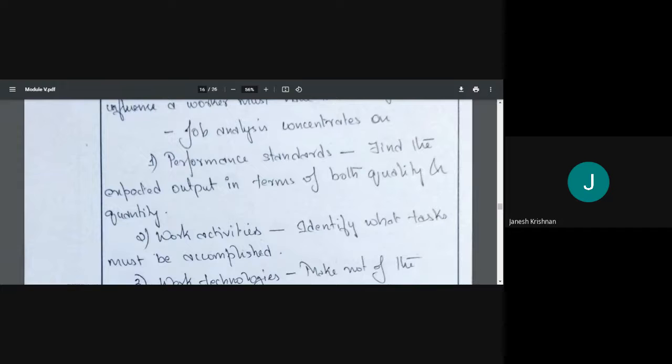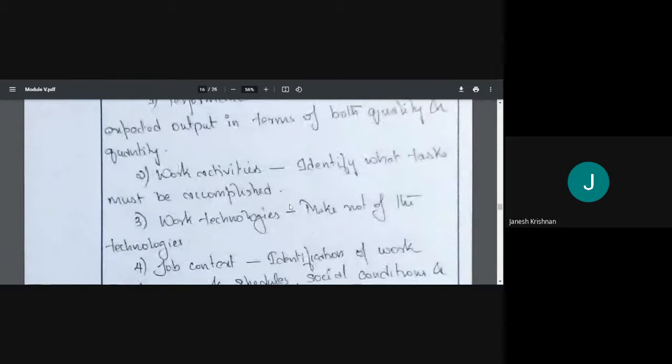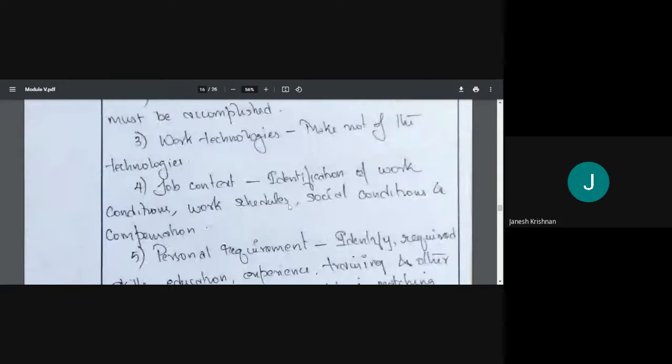The third one is technologies. Make note of the technologies. New and newer technologies are coming forth daily, so we should be open to that and have an idea that something new is coming. Earlier you might have done a basic civil engineering class, where you measured with a chain and tape.